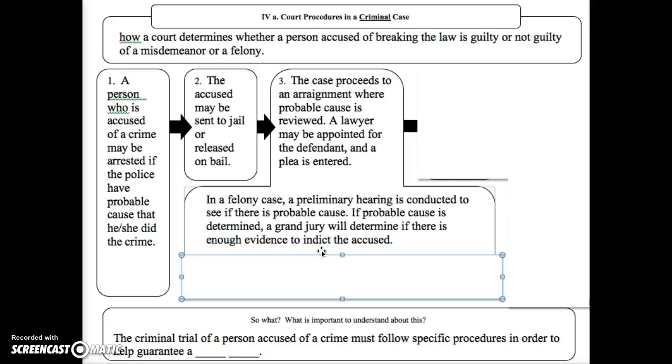So in other words, we're getting another set of opinions from a jury as to whether or not there's enough evidence to bring charges against someone. And if there is enough evidence to bring up charges against someone, then that person is indicted or formally accused of committing a crime.